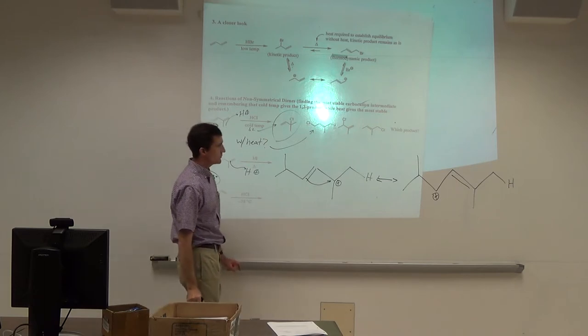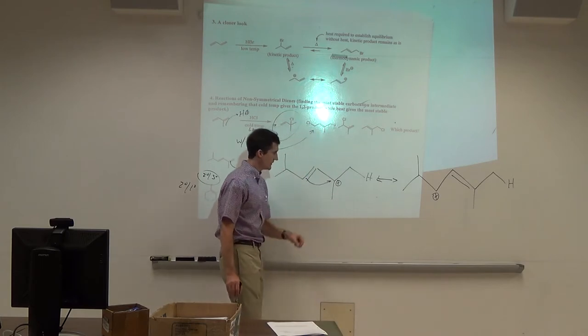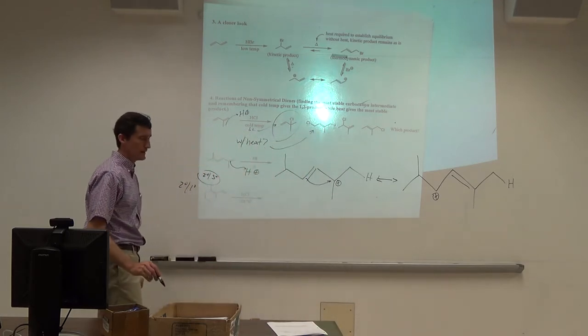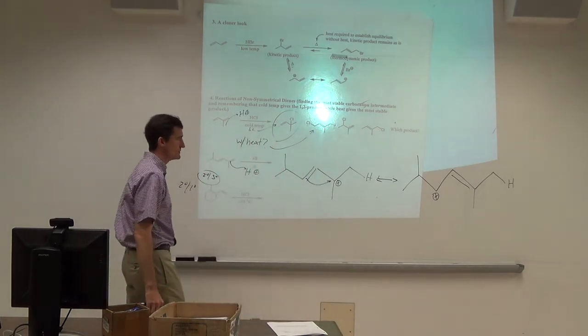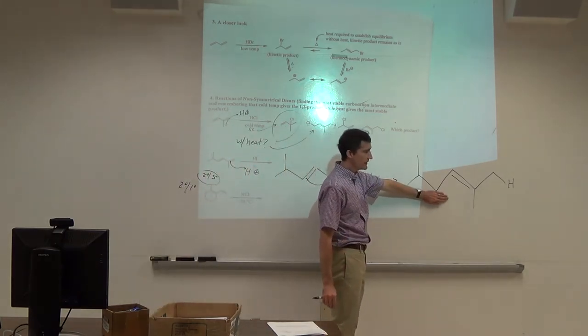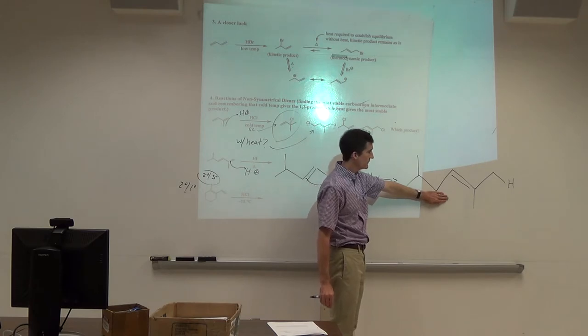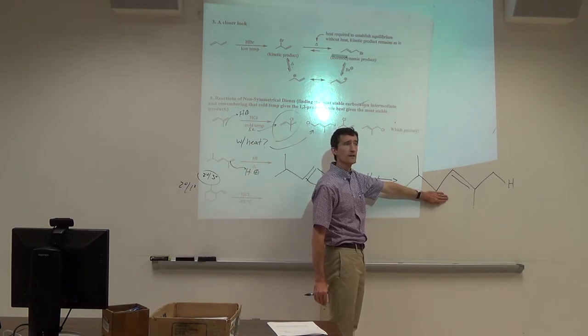Okay? Do you want to have a final product with the chlorine that's attached there or there? Chlorine under my hand there. If the chlorine was under my hand, what type of alkene would that be in terms of substitution?